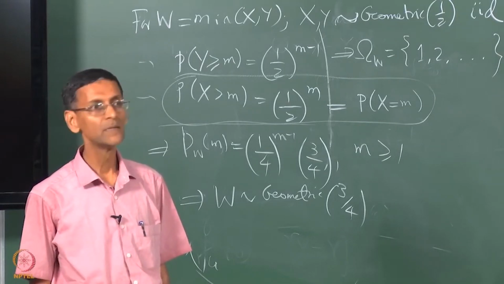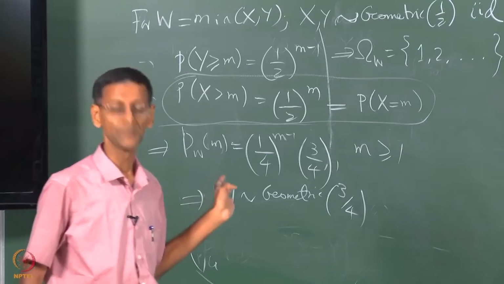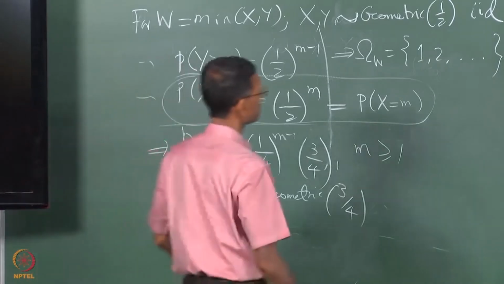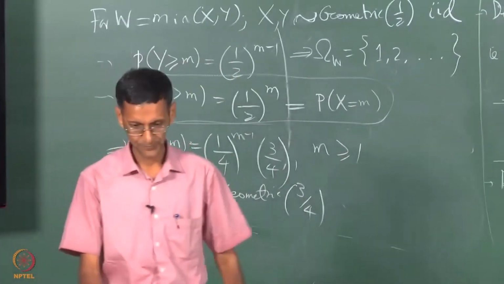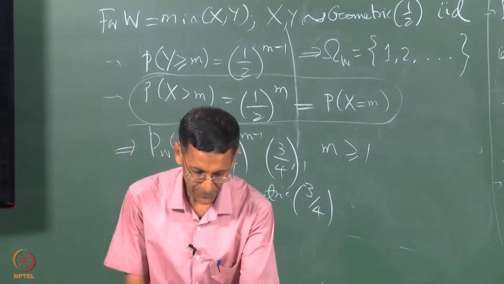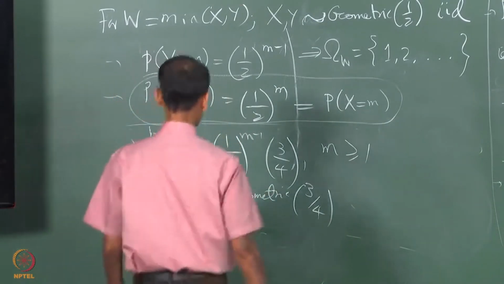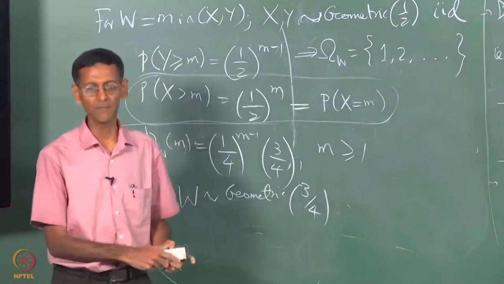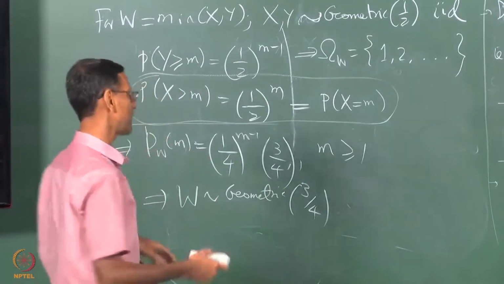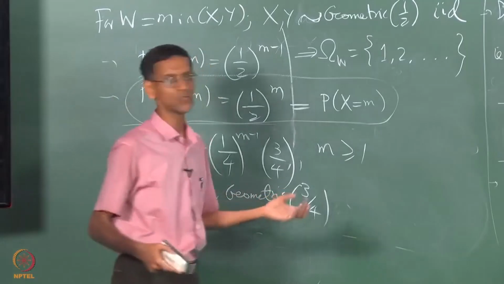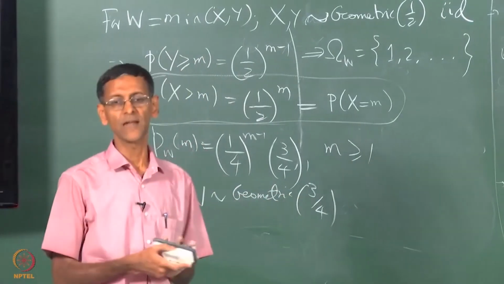This is okay. Any questions on this? Okay, so we have successfully manipulated a few things so far. With this I am pretty much done with whatever I wanted to say for discrete random variables.